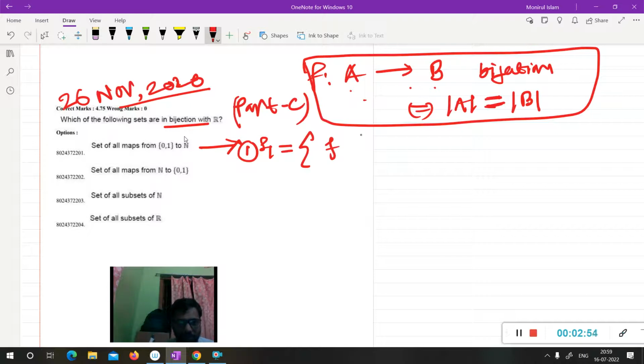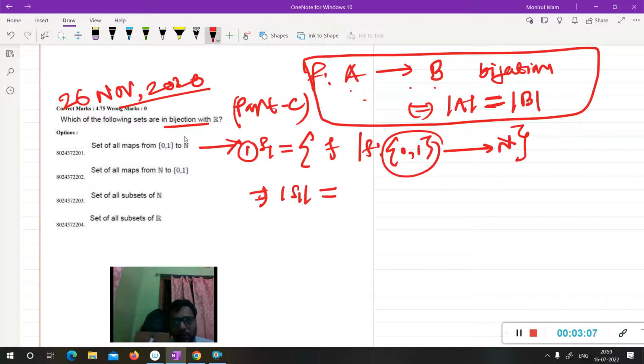The cardinality of the set of functions from A to B is the cardinality of B to the power cardinality of A, which means the cardinality of the natural numbers and the cardinality of the set {0, 1}.